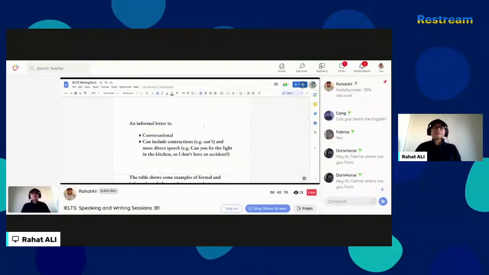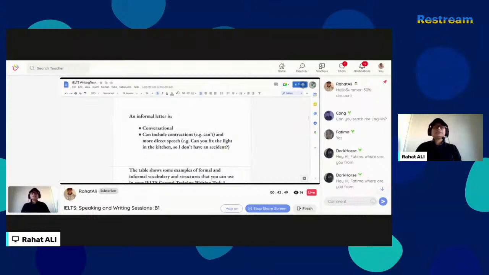An informal letter is conversational, can include contractions like doesn't, don't, can't, and more direct speech. For example, can you fix the light in the kitchen so I don't have an accident? Or you can say, can you fix the window so that it is safe for everyone?